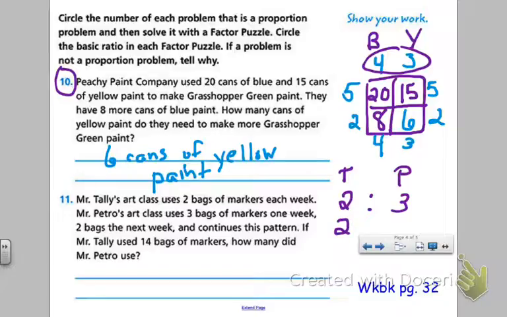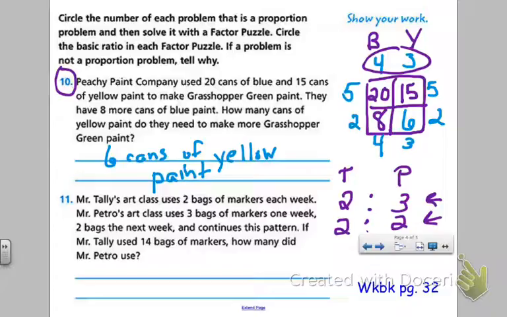That hasn't changed. It's constant. But Mr. Petro's, on the other hand, use 2 bags the second week. This shows me that I do not have ratios that are constant. I do not see the same equivalent ratios. So I am not going to circle number 11. It's not a proportion problem.